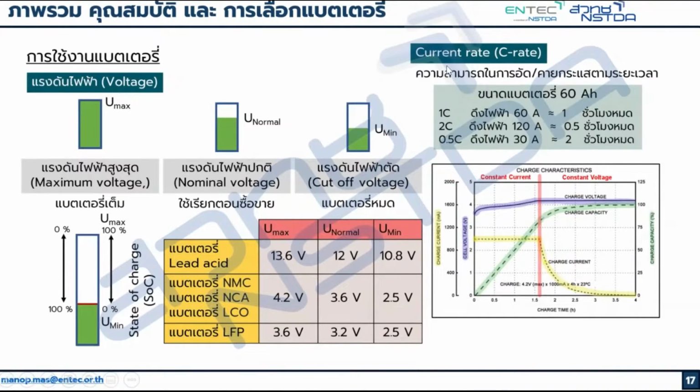Now we look at the voltage and the C rate. The voltage is divided into three parts: maximum voltage, nominal voltage, and cutoff voltage. Maximum voltage means the battery is fully charged.